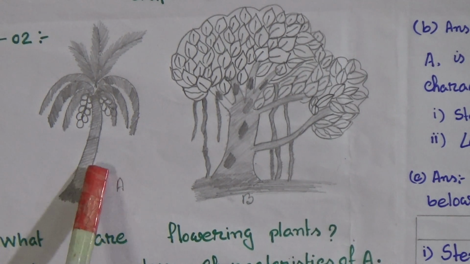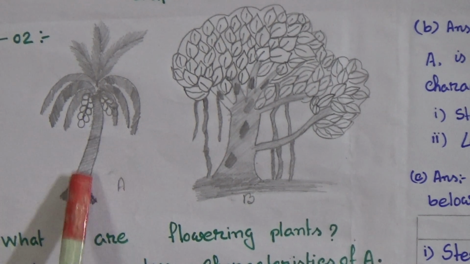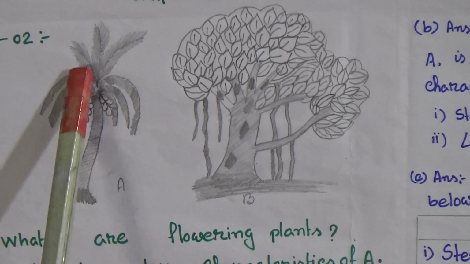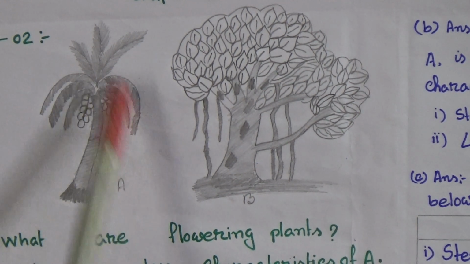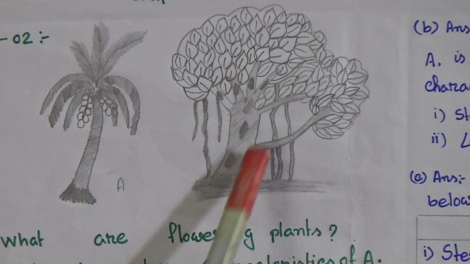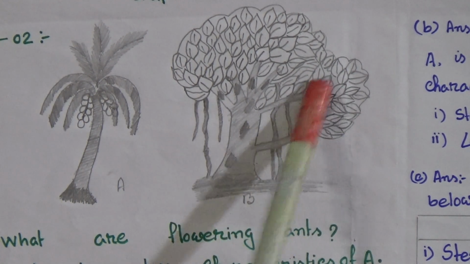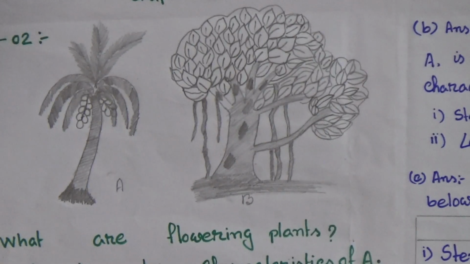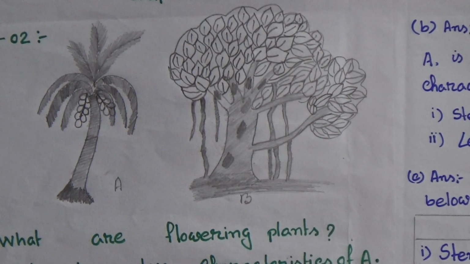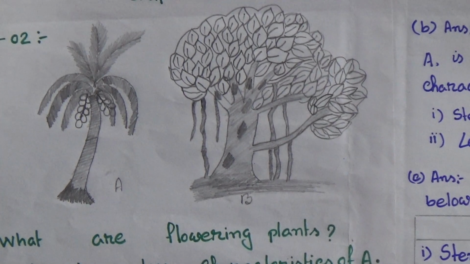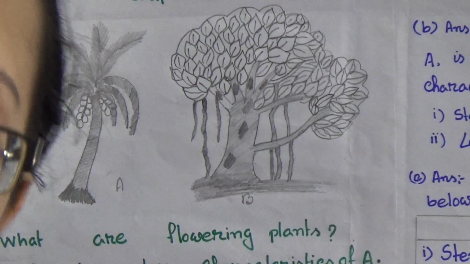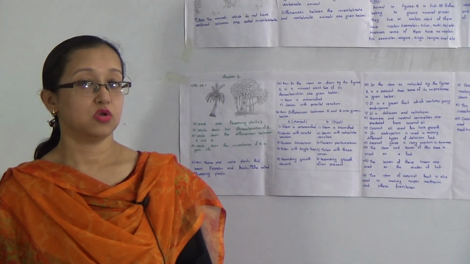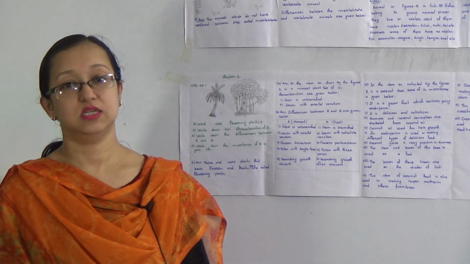It doesn't have any branch, and its leaves have parallel venation. And this stem is branched. Monocot means the plants which have only one seed part in the seed coat, and dicot means the plants which have two parts of seeds in the seed coat.